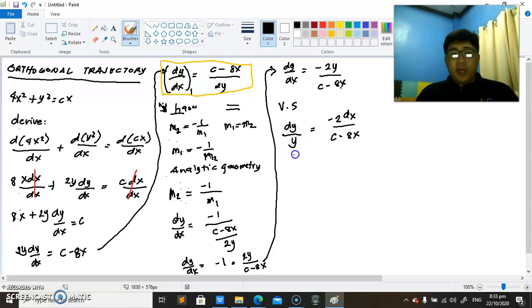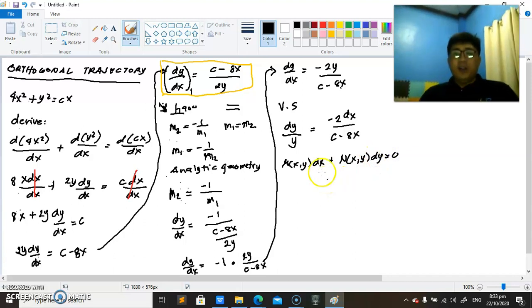If you could see, we transfer this one to the other side to follow the general form, M of xy dx plus N of xy dy equals 0, for the general form of the first order, first degree differential equation.